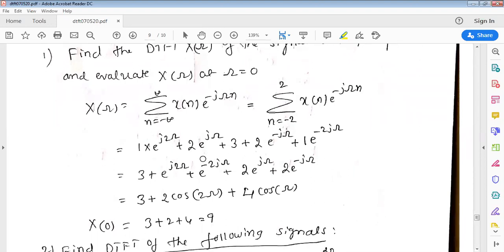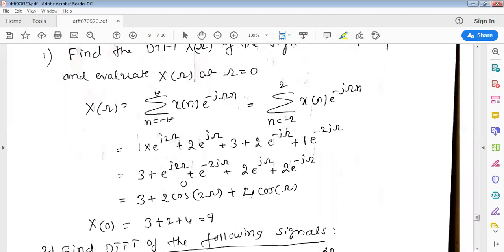Now I'll rearrange the terms. First I'll take 3, and I'll take e power j2 omega and e power minus 2j omega this side, plus 2 e power j omega plus 2 e power minus j omega this side. So power 2j omega one side, power j omega one side you take.